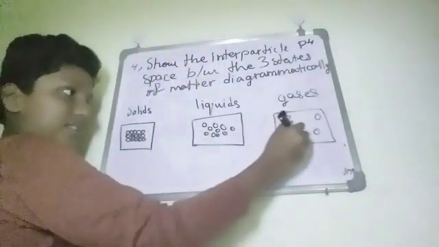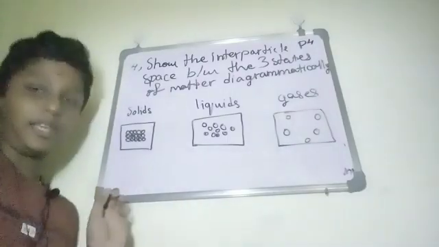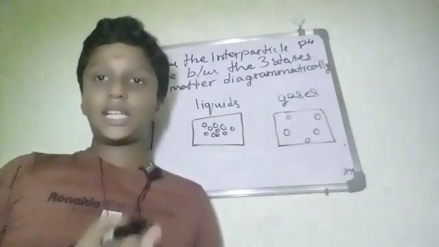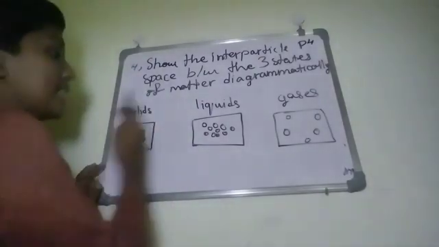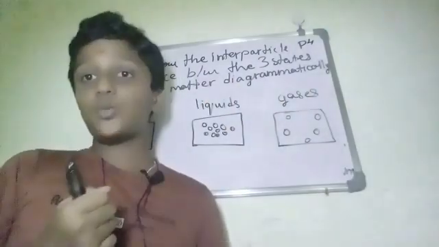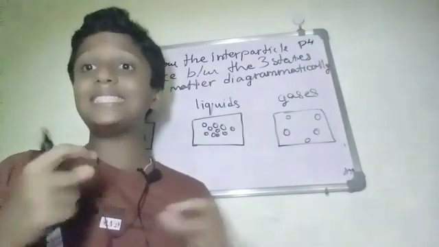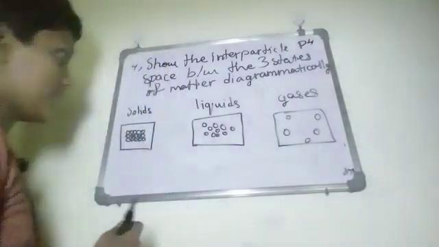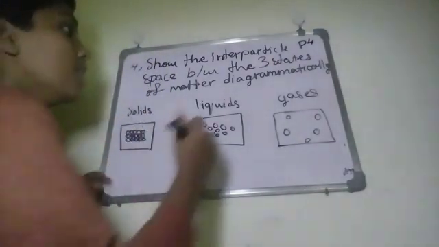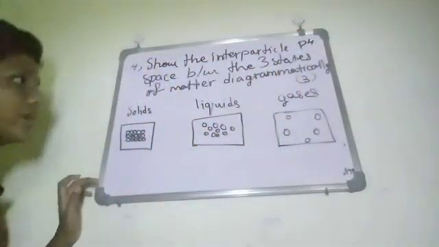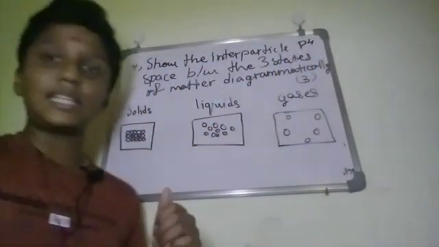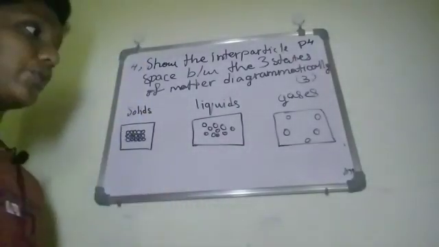Okay, this is enough for gases. The maximum intermolecular space. So this is the interparticle space between the 3 states of matter in a diagrammatic form. So this is the answer, and mostly this comes as a 3-mark question, and this is how you should answer.